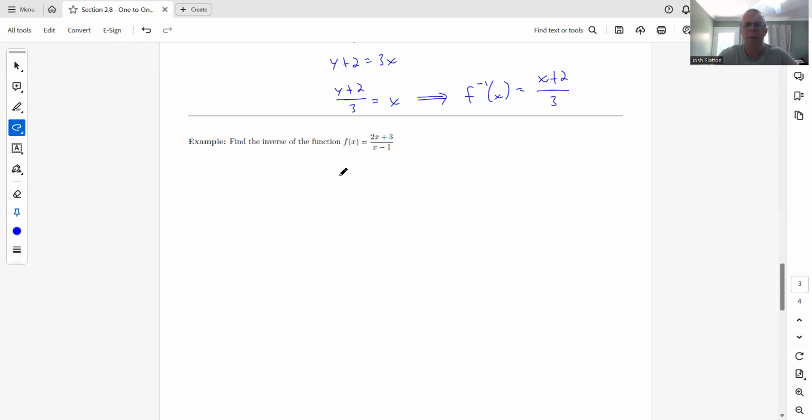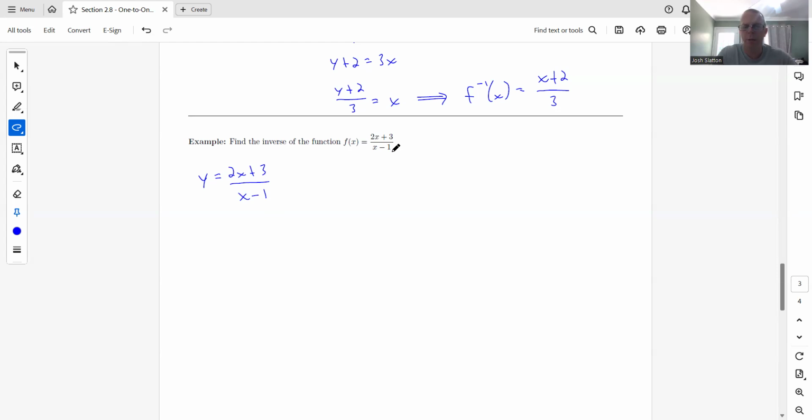Sometimes doing something that you know to do will help, even if you're not sure it's the right thing. But let's see how this goes. Let's write this with the y. So y equals 2x plus 3 over x minus 1. So this is a rational function.